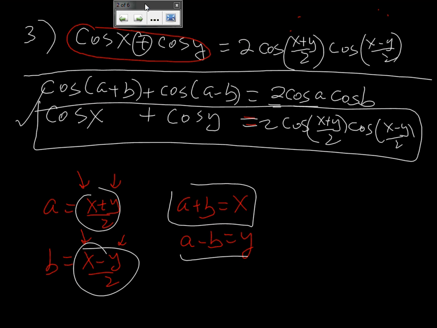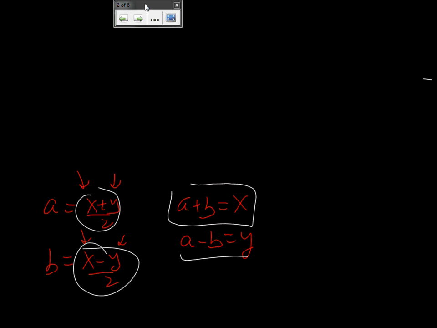Now, number 4 is going to be very, very similar. It's going to be the difference. It's going to be cosine x minus cosine y.